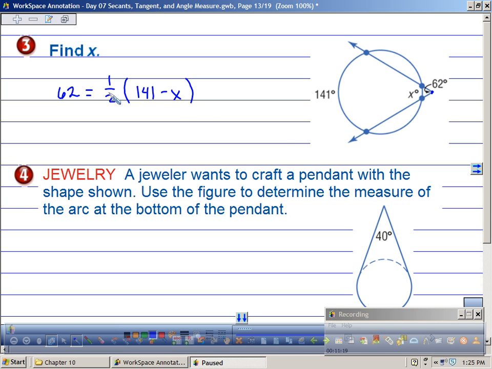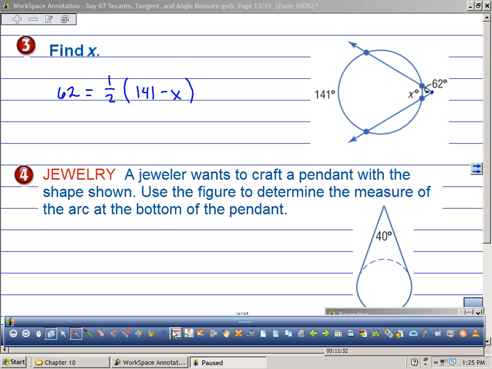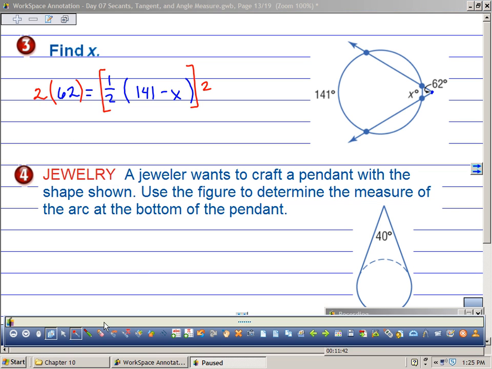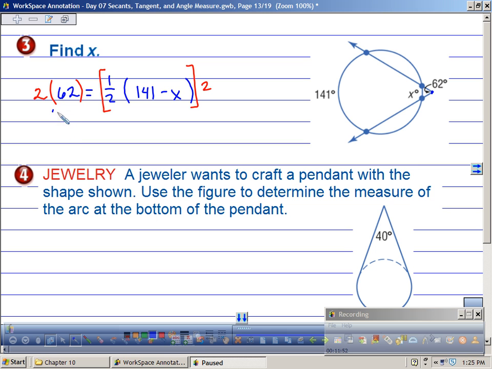Okay, so now I could distribute that half and make my life horrible. Or what else could I do? Multiply both sides of my equation by 2. When I do that, my life is much easier. 2 times 62 is how much? 124 equals 141 minus x.